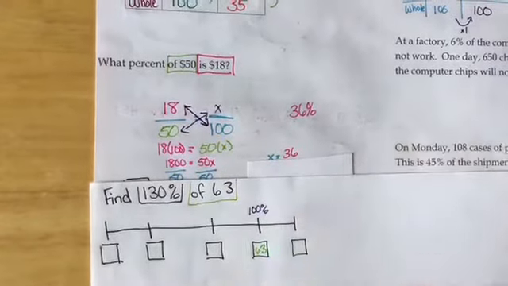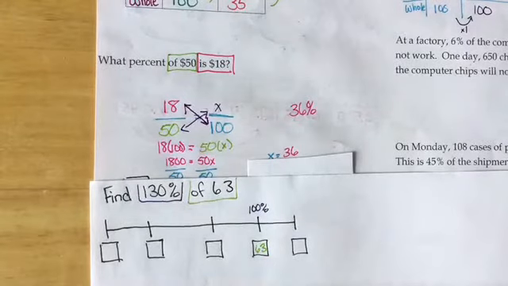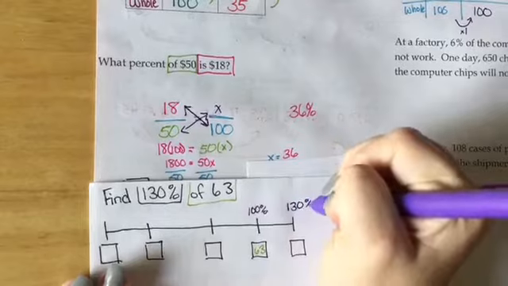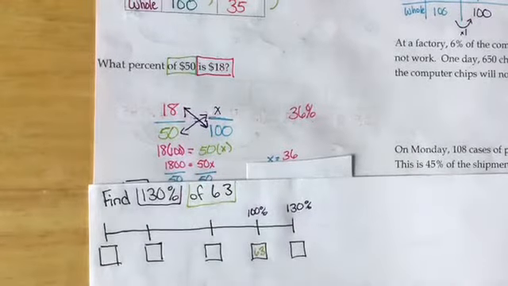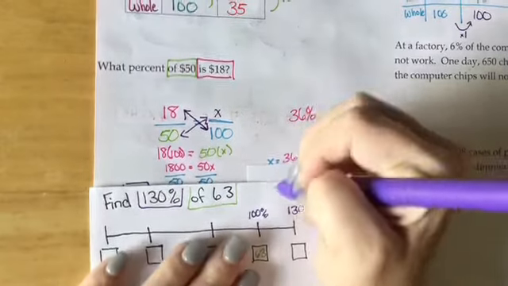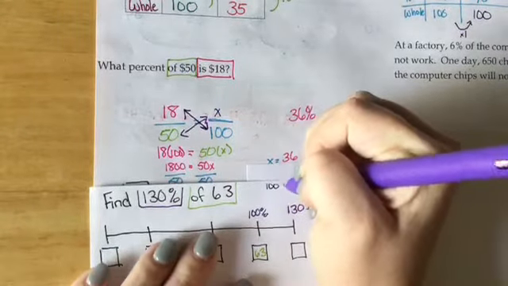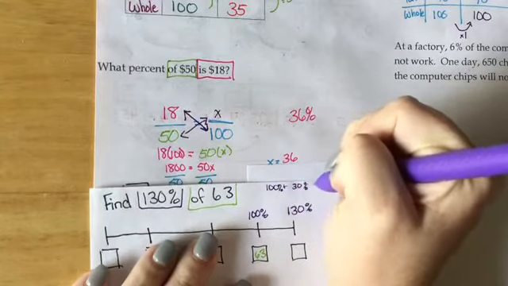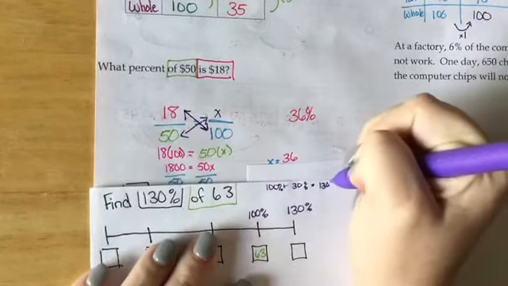Well, 63 is 100% of 63. So we're looking for 130%. What do I need to know? Well, I need to know that 100% plus 30% gives me 130%.